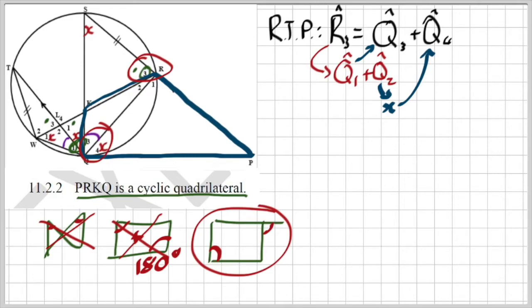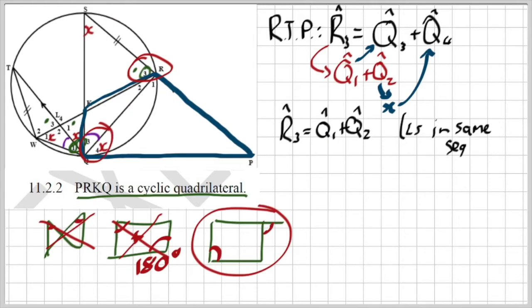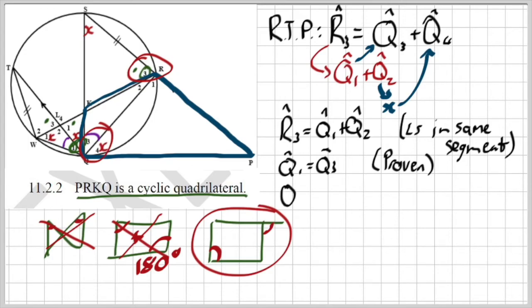Let's start with what we know about R3. R3 is equal to Q1 plus Q2 because of angles in the same segment. Okay? When I've done that, I now go and say, but Q1 is equal to Q3. We've proven it. Also, Q2 is equal to Q4. It's X because we've already proven that in 11.1. So therefore, let's finish this off.